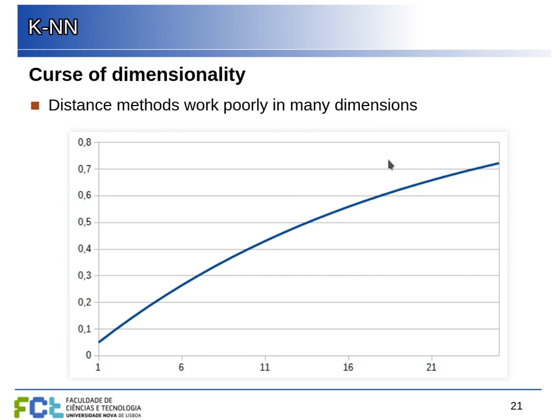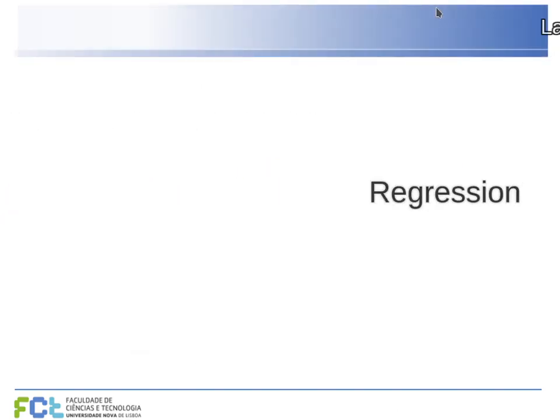This means that when you are trying to classify points based on these distance methods, or in establishing these frontiers, when you go to very high dimensions, you start having this problem that everything is now in the frontier, so you start having more errors in discriminating between the groups. So in general, it's not a good idea to have too many dimensions, also because of this problem.